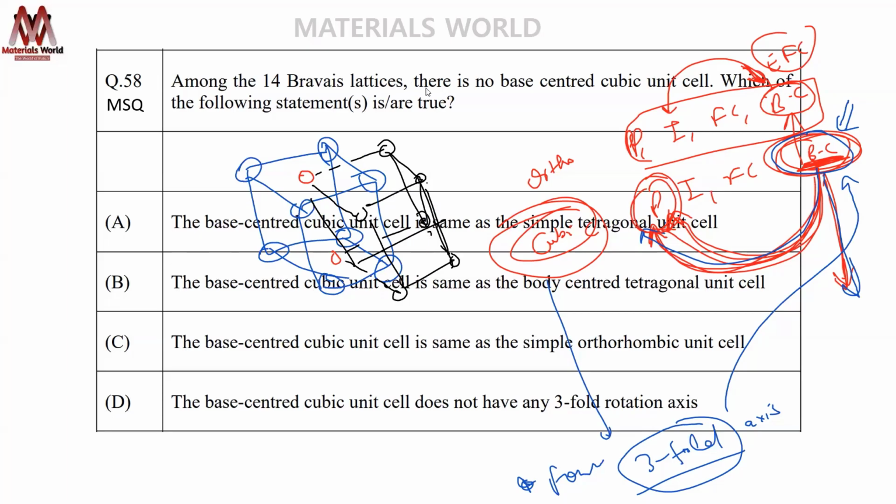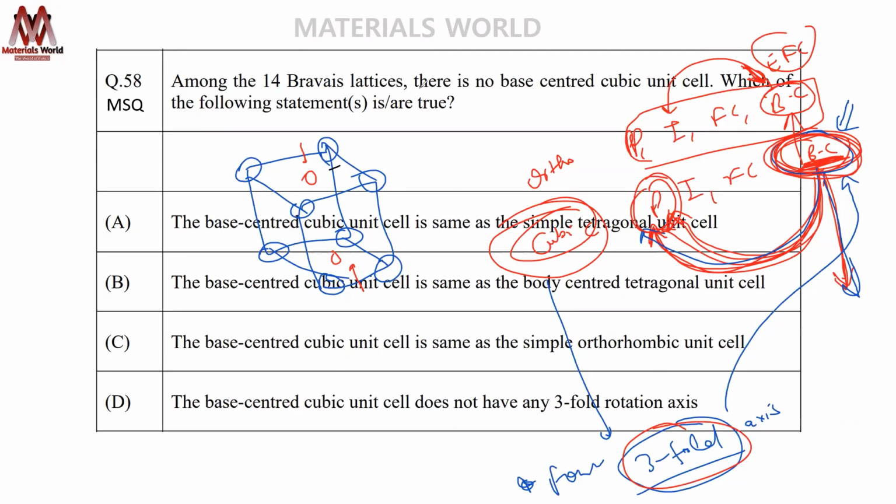But if that base centered is also showing the same characteristic symmetry that your simple is showing, that means adding 2 extra atoms is not disturbing the symmetry of the cubic, then that will exist. This base centered cubic symmetry will exist because your atomic arrangement is changed, but it is maintaining the threefold symmetry. Then it will remain. So your cubic will show you four types of Bravais lattice: simple, body, face, and base center.